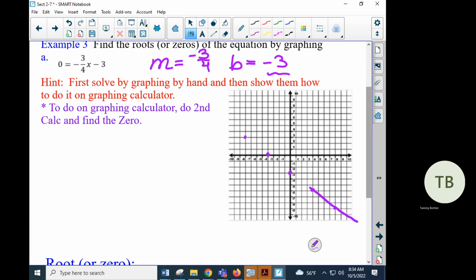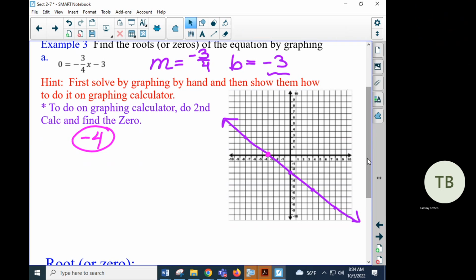So if you had a ruler, this graph should cross the x-axis at -4. Okay, so our x-intercept or our root or our 0 all mean the same thing. Our answer is -4. Okay, now I'm going to show you how to do that on a calculator. Have you guys ever graphed on a graphing calculator so far in any of your classes?